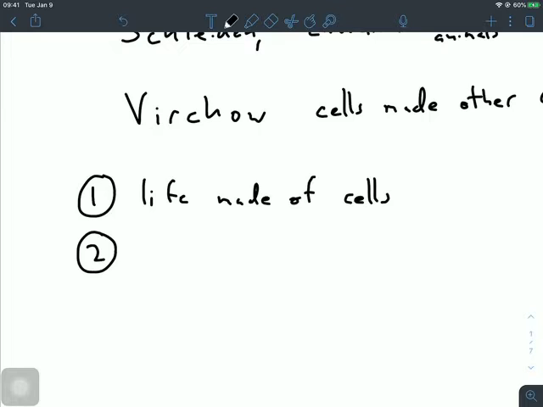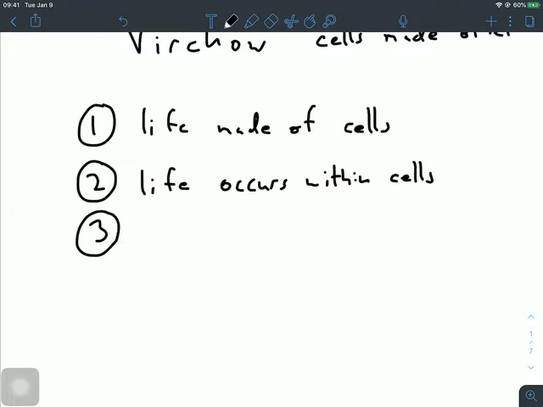The second point of cell theory states that life occurs within cells. So the fundamental processes of things like metabolism, breaking down and building the macromolecules necessary to perpetuate life, eating, drinking, all of that is going to occur within a cell because the cell is the basic building block of life.